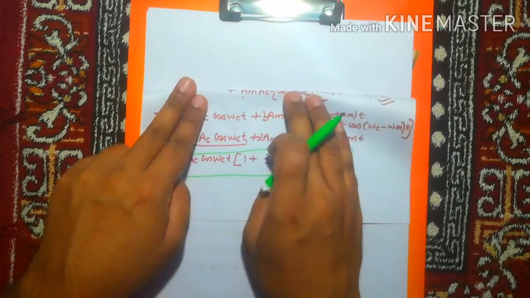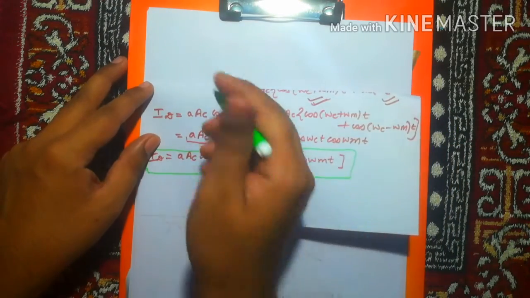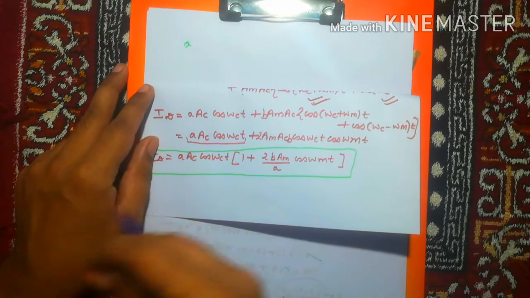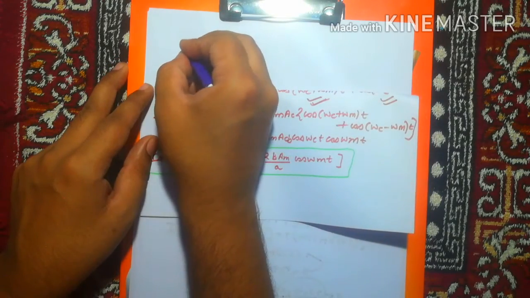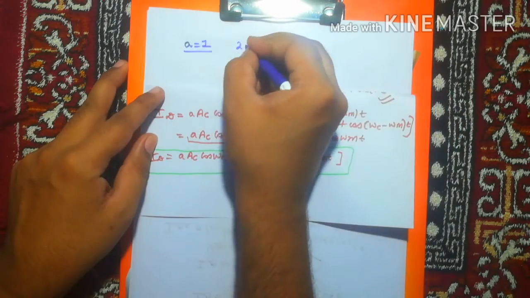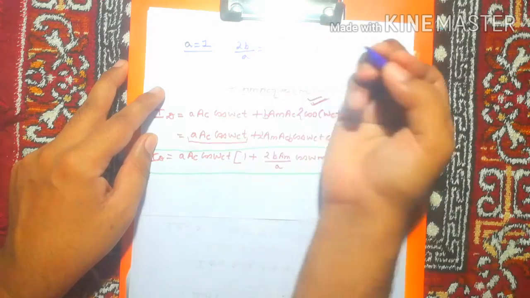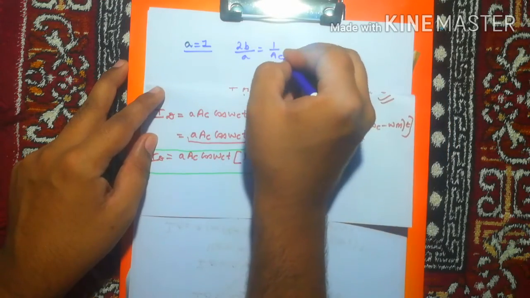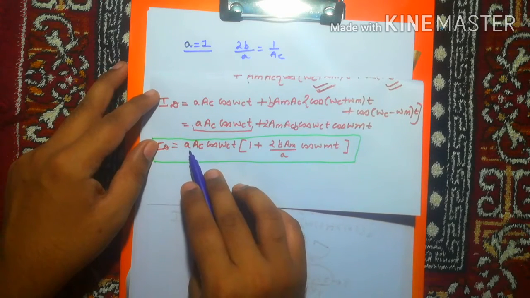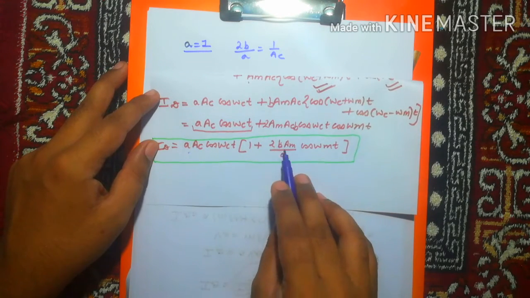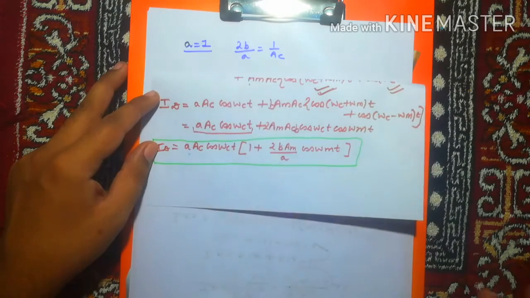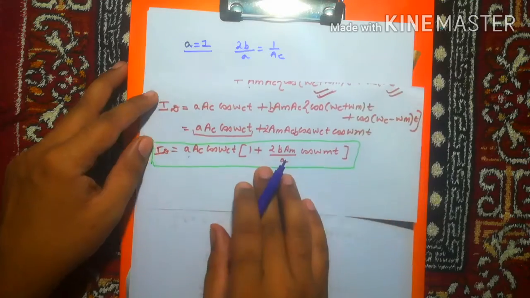So in this equation, if I write A equals 1 and 2B by A equals 1 upon Ac, we can maintain this easily. I am maintaining A equals 1 and 2B by A equals 1 upon Ac.